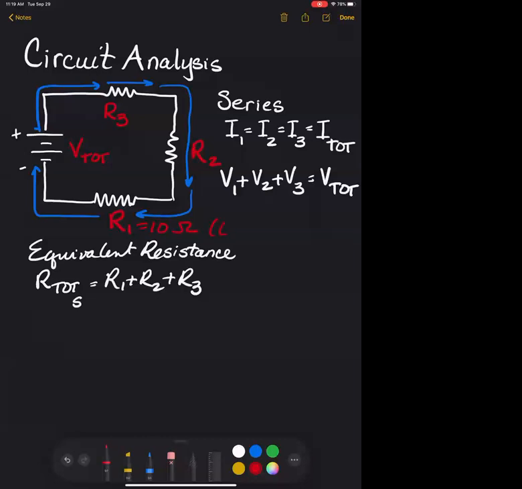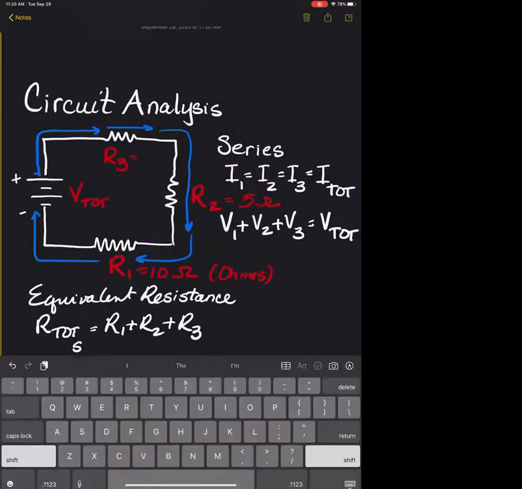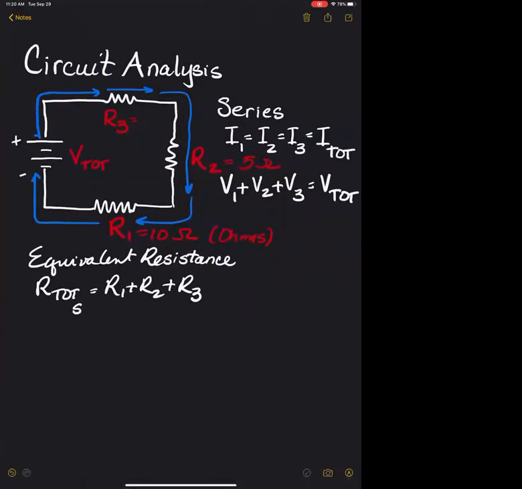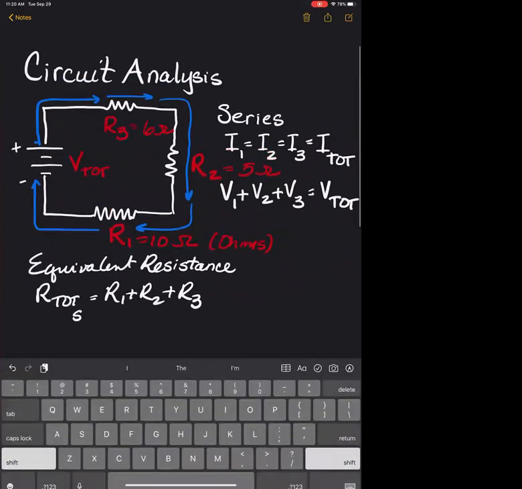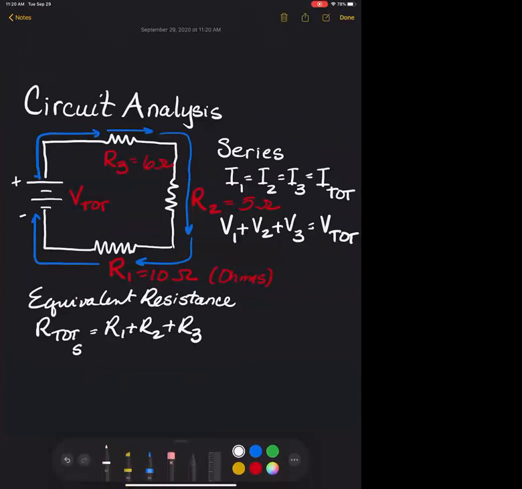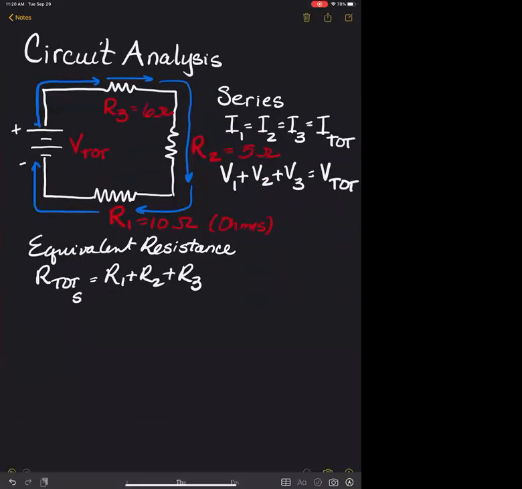It looks like the Greek letter omega. R2, we'll say is 5 ohms, and R3, let's say it's 6 ohms. So I simply add up my resistances: R1 is 10 ohms, R2 is 5 ohms, and R3 is 6 ohms. So my total resistance for this circuit is 21 ohms.